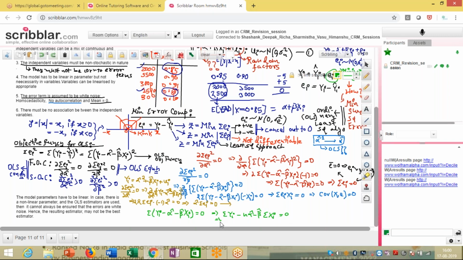So this means that summation yi minus beta hat summation xi equals n alpha hat.